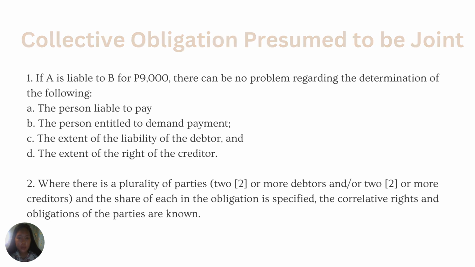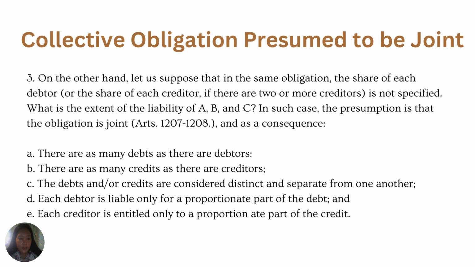Okay? So the third is, on the other hand, let us suppose that in the same obligation, the share of each debtor, or the share of each creditor if there are two or more creditors, is not specified. So what is the extent of the liability of A, B, and C? In such case, the presumption is that the obligation is joint, and as a consequence, here are the consequences.